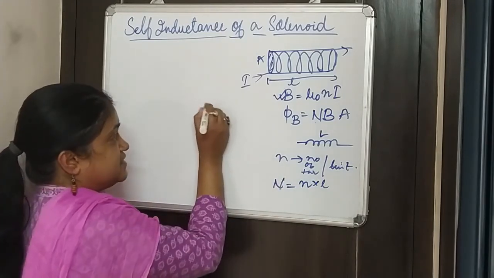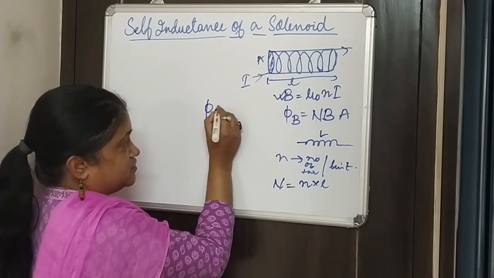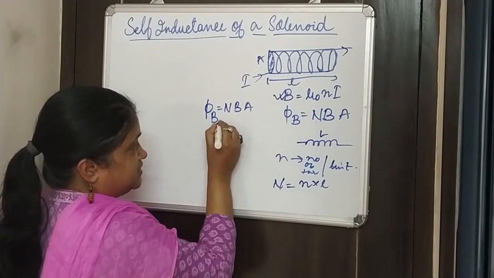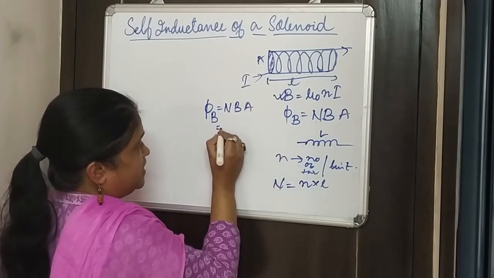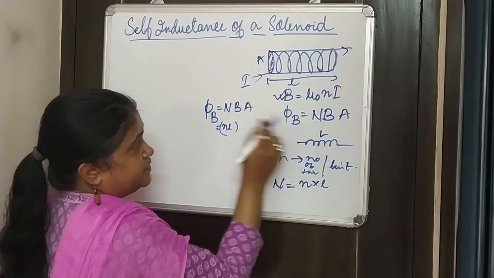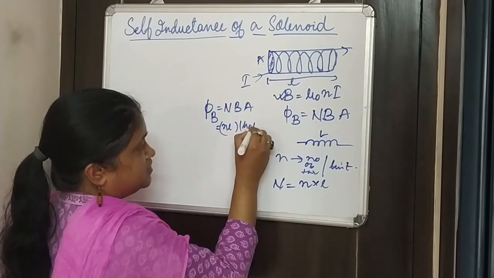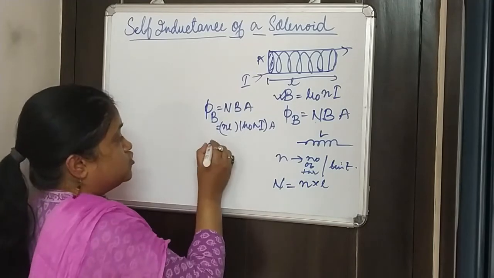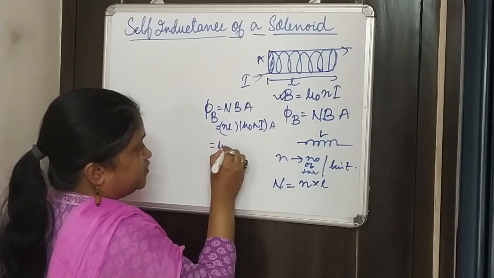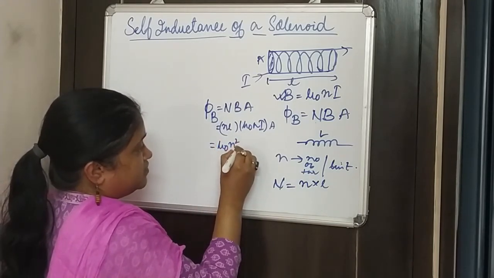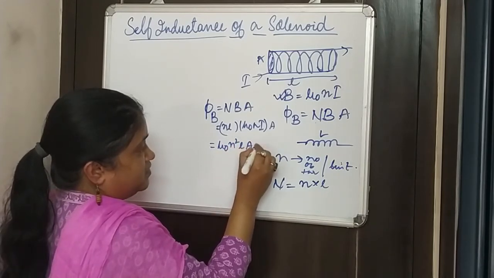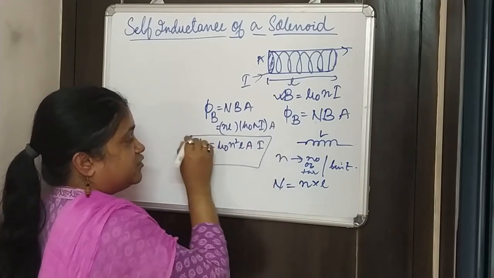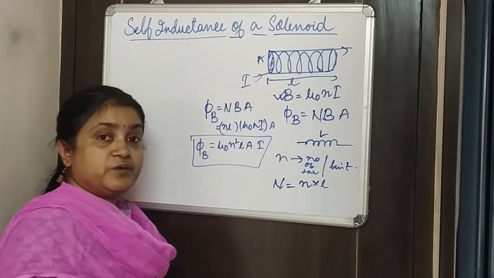So now the magnetic flux phi B is N times B times A. I just substitute N as n times L, and B as mu naught n I, times A, right? So this gives me mu naught n squared L A times I. So this is the magnetic flux that we get for a solenoid.